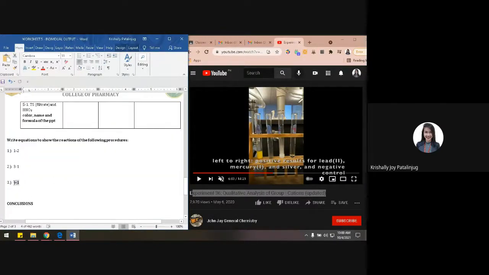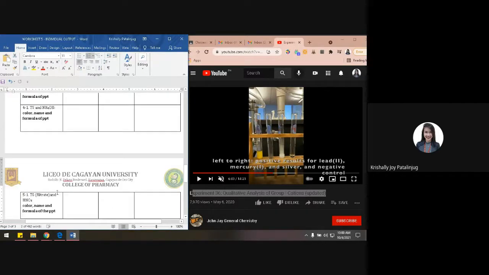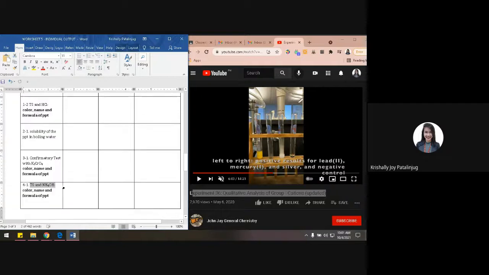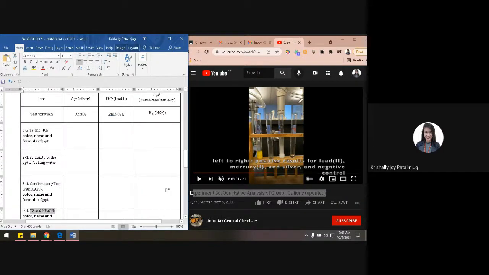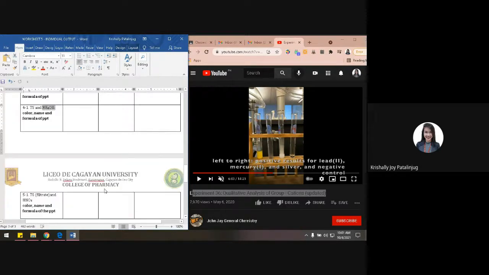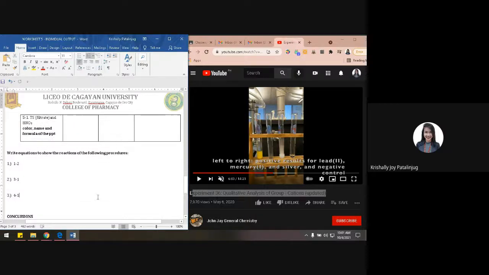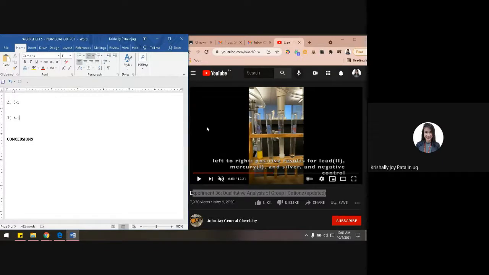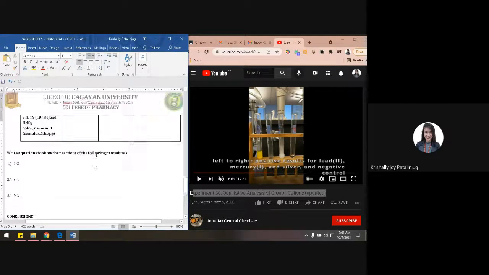And lastly, 4.1. That is for mercury chloride being reacted with ammonium hydroxide. So you provide the chemical equation. Then just a short conclusion about this activity. So that is all for worksheet 5.